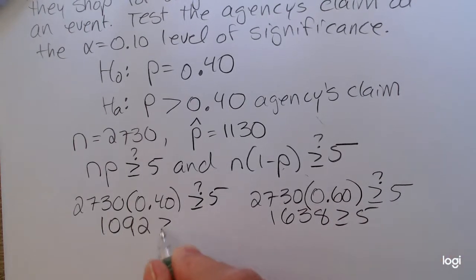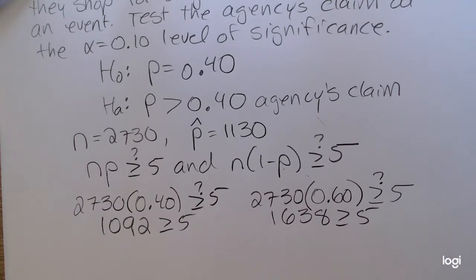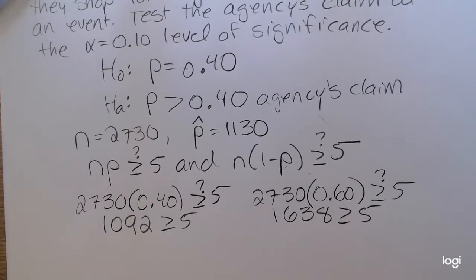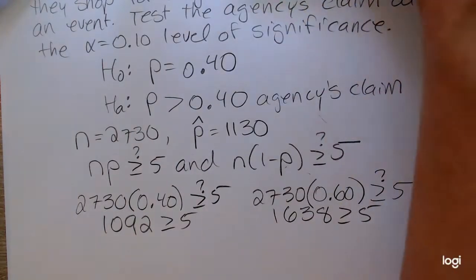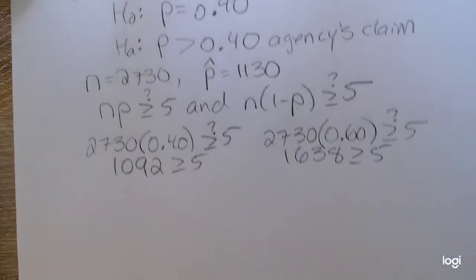Okay, so both of these are at least 5. So we can go ahead and use the normal approximation to the binomial, which means that our standardized test statistic will be a z-score, and our critical value will come from the standard normal table or our normal CDF function in the calculator.